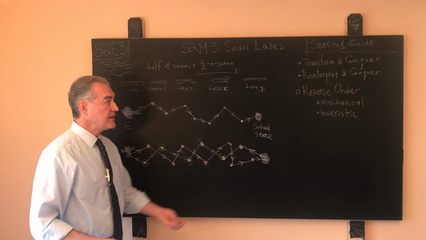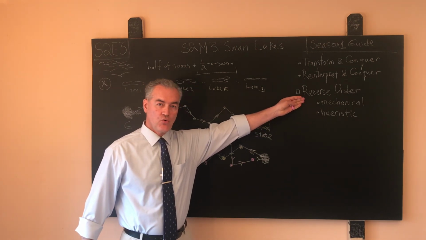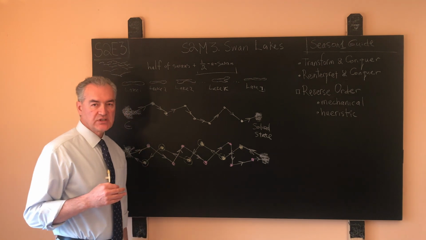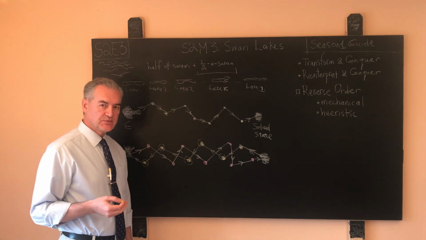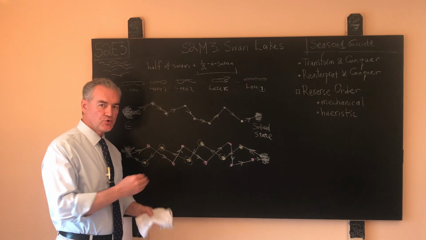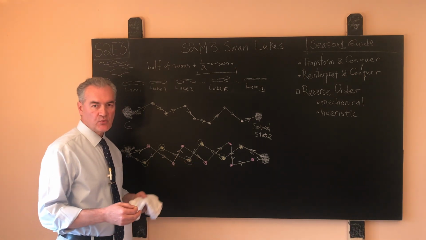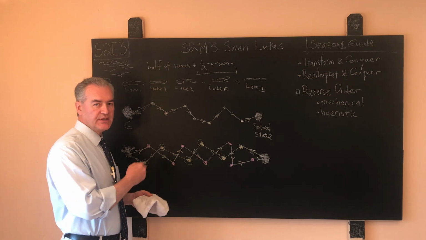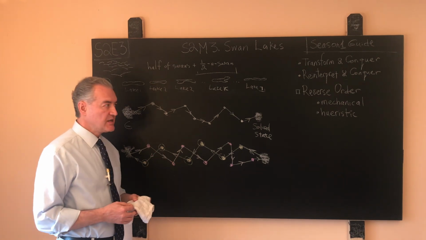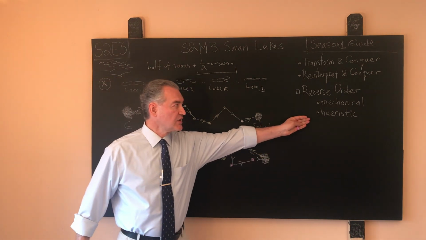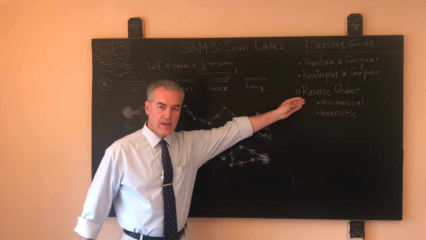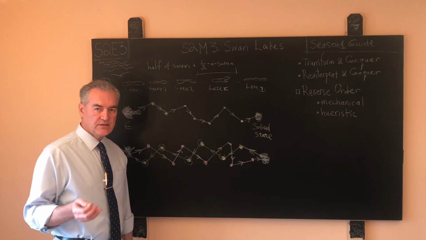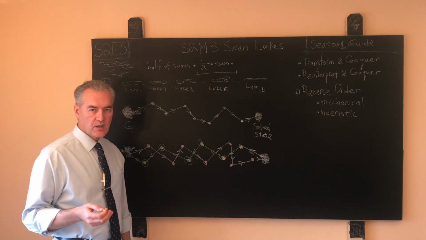Now, the mechanical flavor of the reverse order problem solving approach works well with mostly computational problems, or with problems in which a certain process takes place, and then we are asked about what was, for example, at the beginning of the problem or at the end. The heuristic flavor of the reverse order problem solving approach can be applied to any type of problem, computational or non-computational.